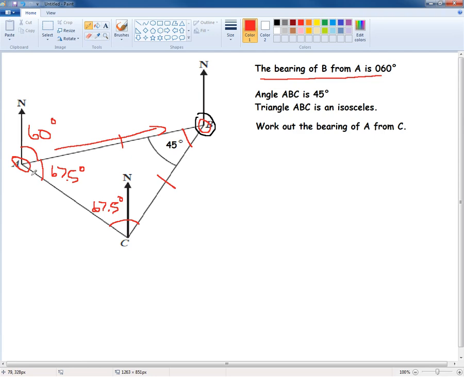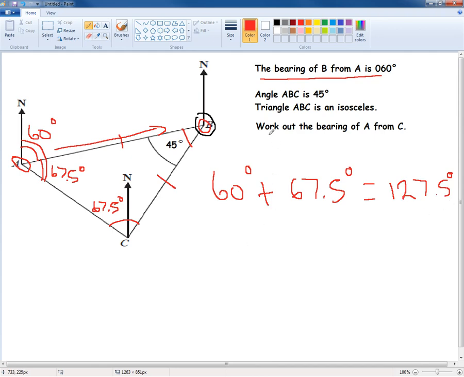With this information, we can now figure out the bearing of C from A. We haven't quite got to answering our question, but we can figure out the bearing from point A to point C. We can combine the bearing to point B, our 60 degrees, with our angle from this line going down towards C. If we combine those two, that will tell us what this big angle here is, the bearing from point A to point C. So we take our 60 degrees and add our 67.5 degrees that we worked out here, and that gives us 127.5 degrees, or the bearing from point A to point C is 127.5 degrees.